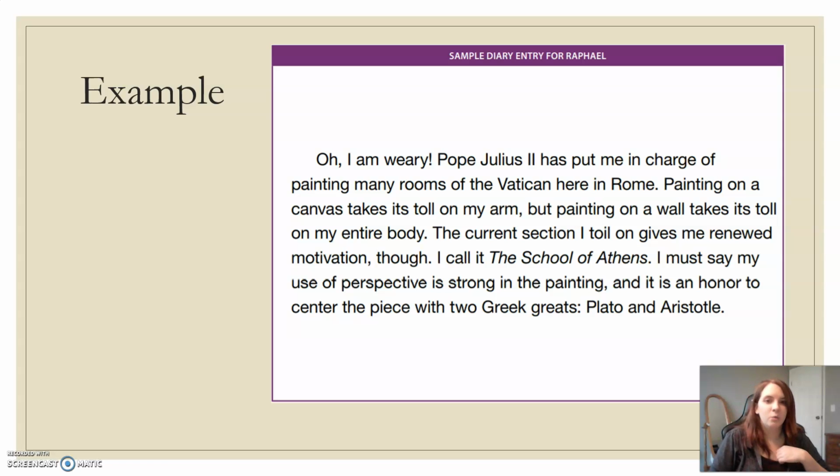Notice how we talk about, oh, my whole body hurts from doing this. That's something that you're not going to find in a biography. You're not going to read that his arm hurt when he was making it. That's something that I can think beyond and was creative with. So that's what we're looking for when we want you to think and show what they're thinking and their feelings.